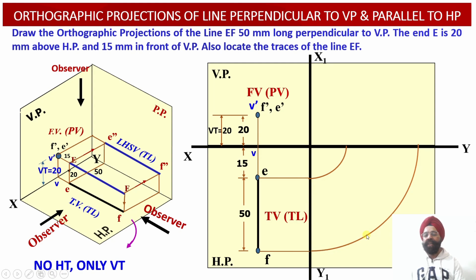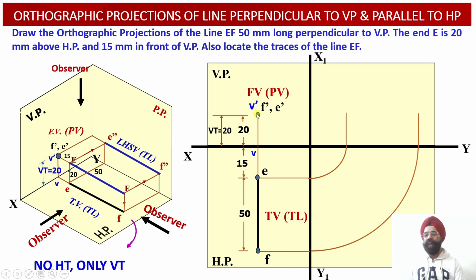Draw an arc so that this distance of 65 millimeter is converted into this sideways distance alongside the profile plane. Now we have got the distances in front of the vertical plane transferred into the profile plane. Now from these 2 points, again vertical projectors will be drawn upwards.